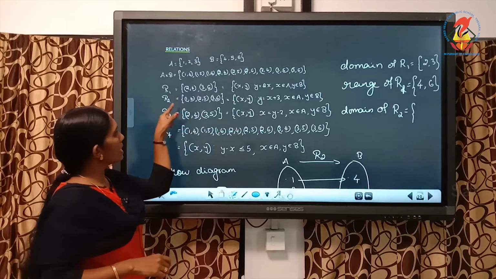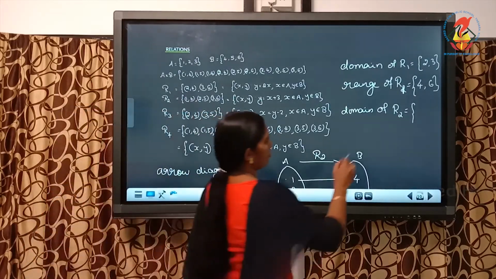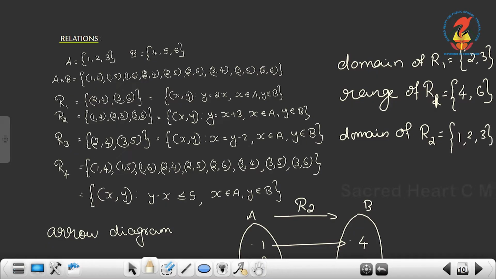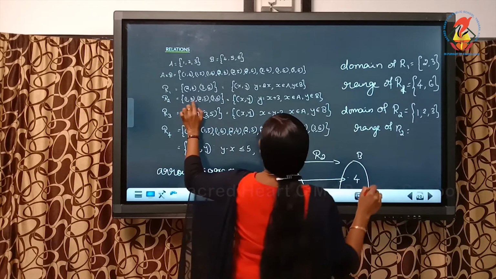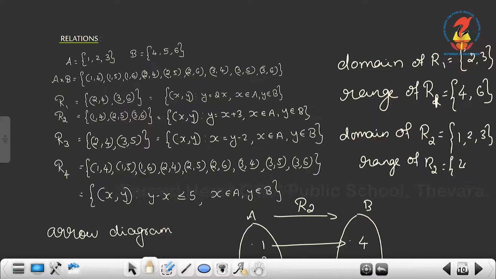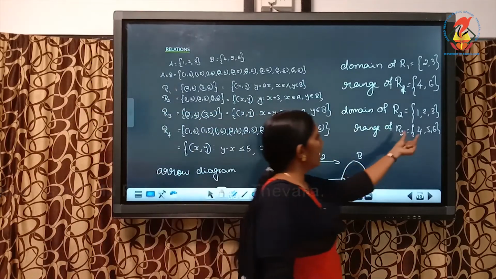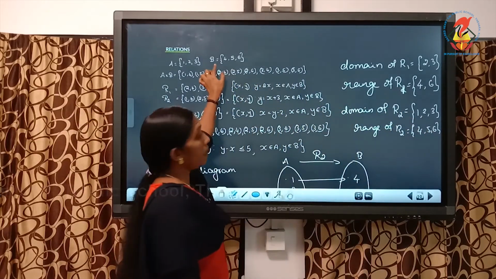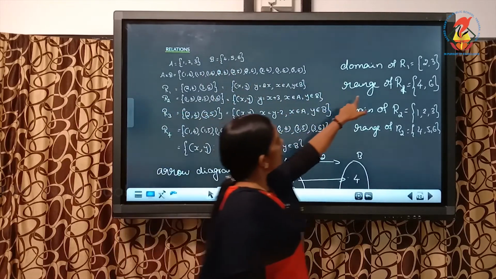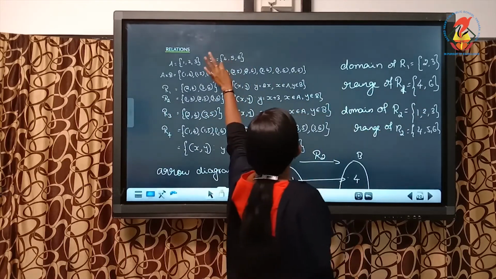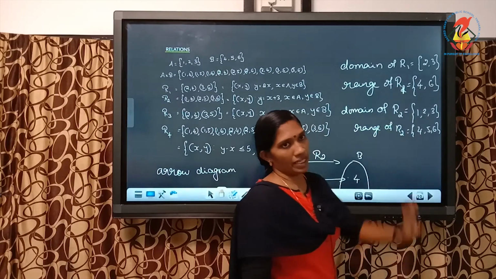Set of first elements, 1, 2, 3. What is the range of R2? Range of R2 is 4, 5, 6. Okay. And here look, range is the same as this B. Here range is not the same as B, it is a subset.